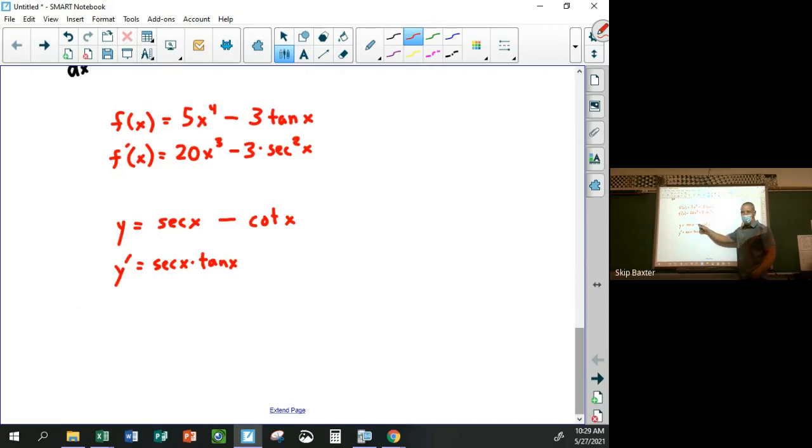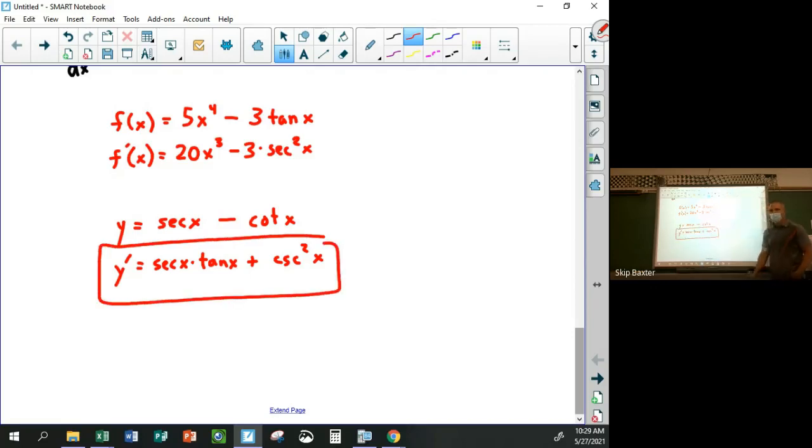Since there's a minus out front, it's going to be minus negative cosecant squared x, so it's plus cosecant squared x. Everybody understand why there's a plus there? The minus is a constant multiple. It carries down, but then the derivative of cotangent is negative, so you're subtracting a negative, which makes it positive. That's what you would give as your answer. Does everybody understand? Yeah, that makes sense.